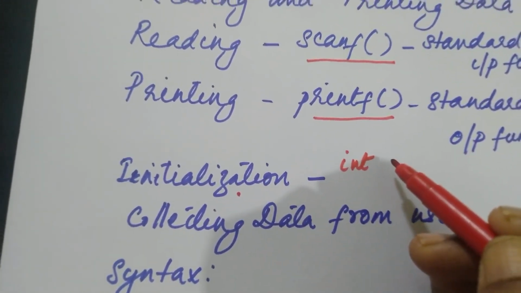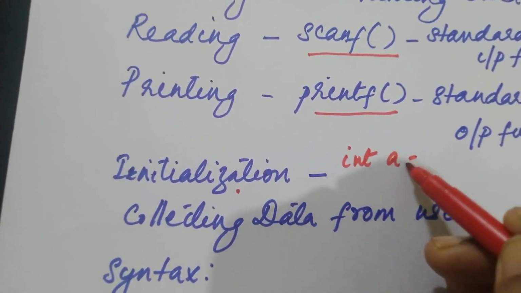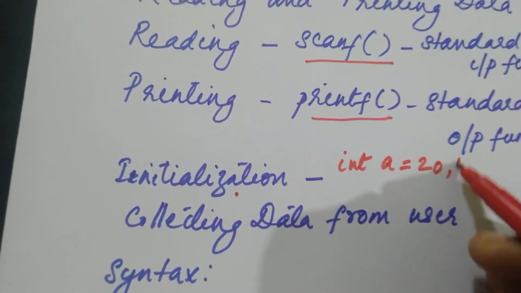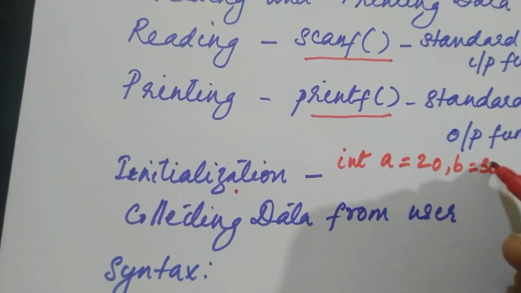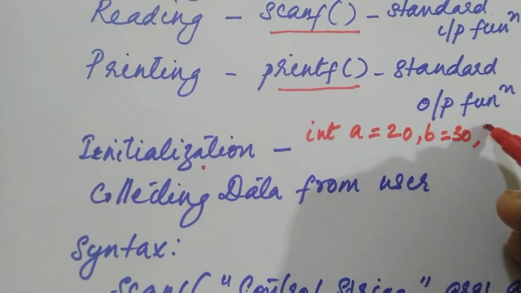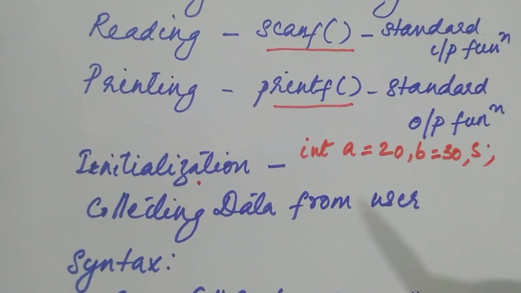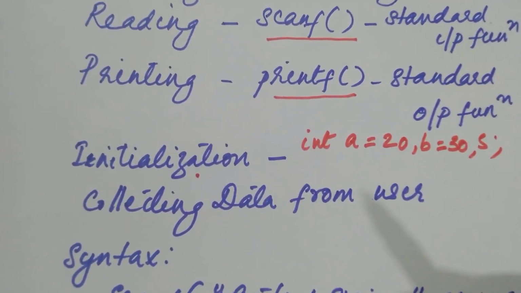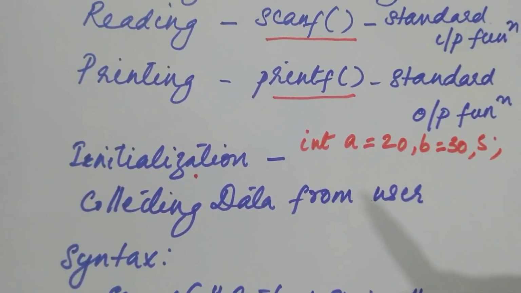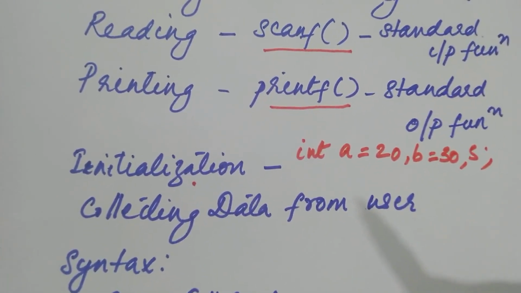That means if I am giving int a equal to 20, b equal to 30, comma, sum. So initialization is a process of giving an initial value to a variable inside the program itself.